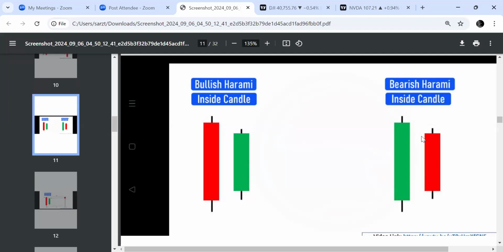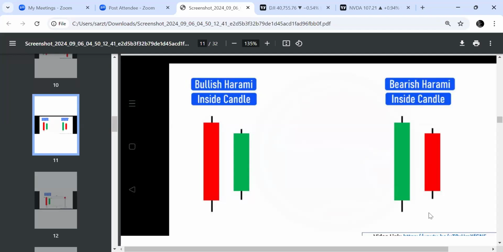Despite the upward momentum, the second candle stays within the body of the prior green candle, indicating that selling pressure is building. The bulls who were previously in control are now being challenged by the bears. Even though the price attempted to move higher, the bears stepped in, causing the price to close lower by the end of the time frame. And if this pattern forms near a resistance level, it strengthens the likelihood of a downward reversal.